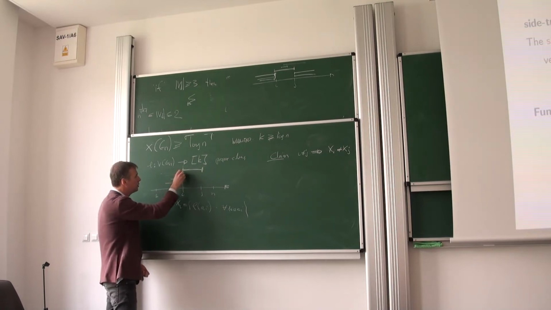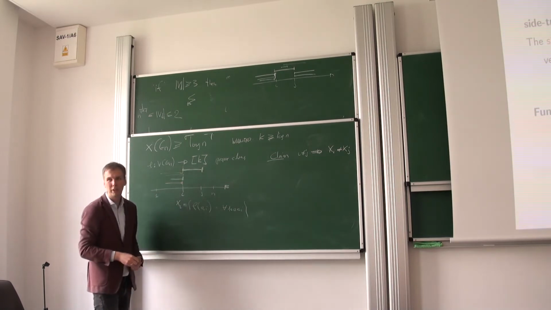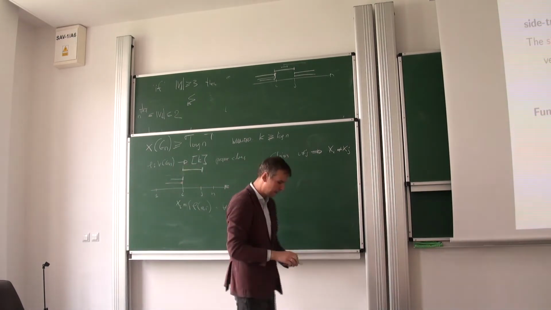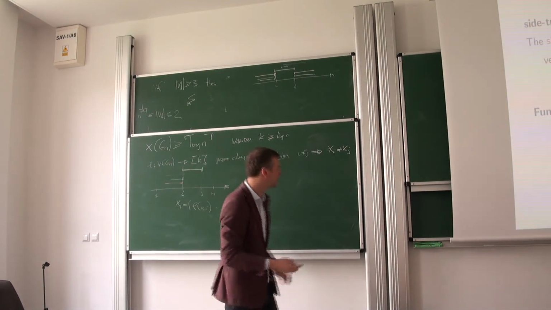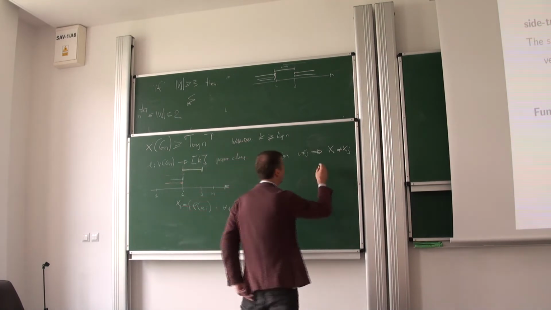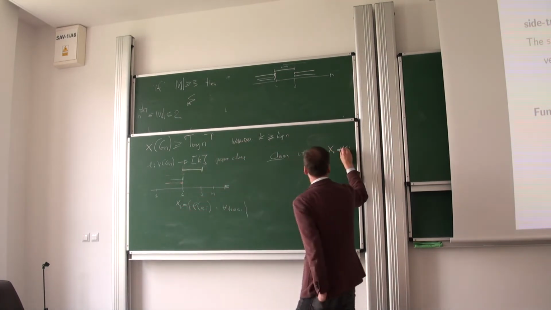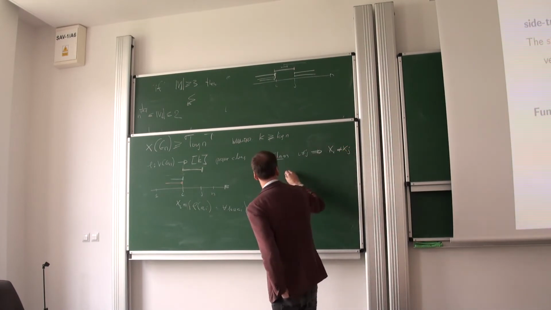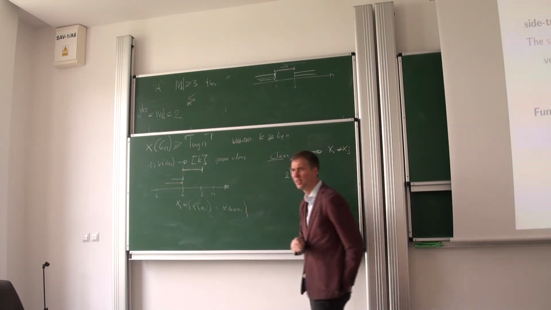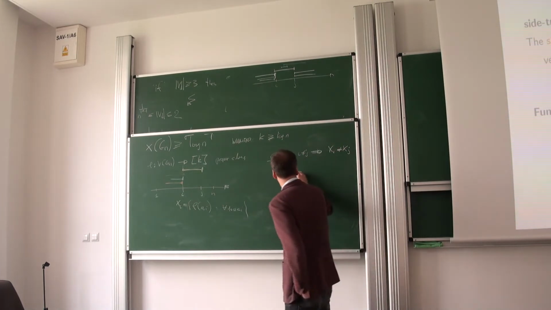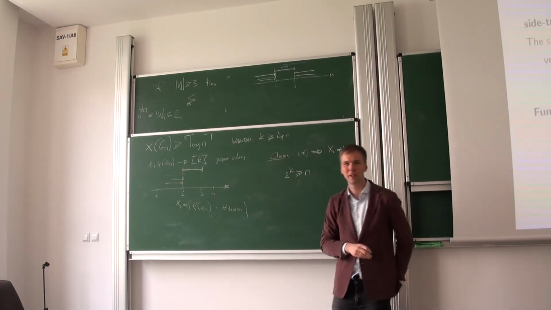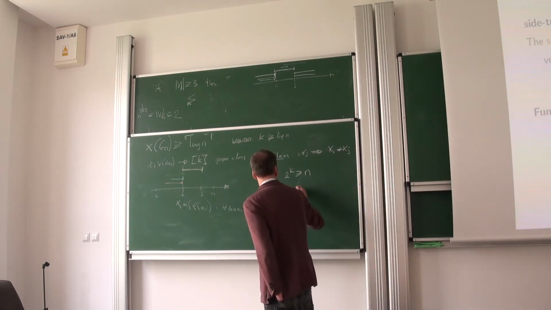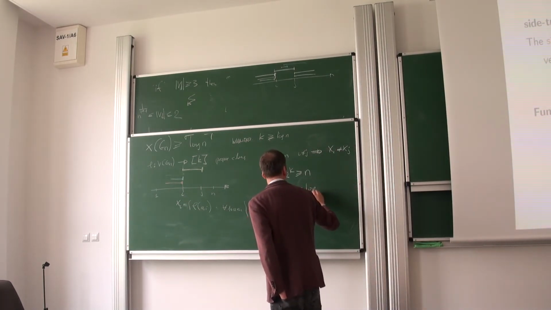No, because then the coloring wouldn't be legal. So this proves the claim, and since we have n sets, and this is a subset of colors, so we have 2 to the k possible evaluations, and this should be enough for n coordinates. So we have this inequality, which proves that k is greater than log n.